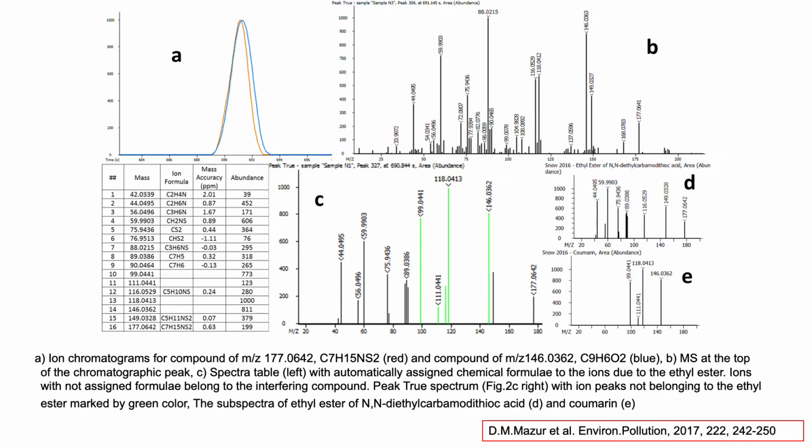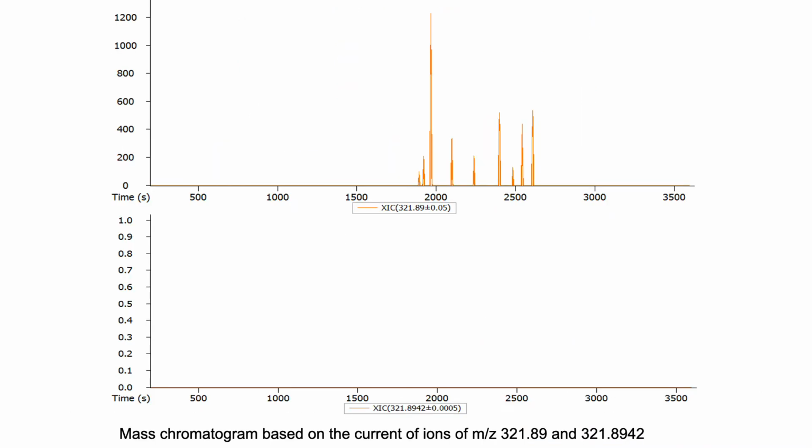Then we use those subspectra to carry on a library search, and we get a quite nice result: the first one is an N-diethyl carbamiditioic acid and the second is coumarin. So even those very difficult cases can be very efficiently resolved using the software and measurements.